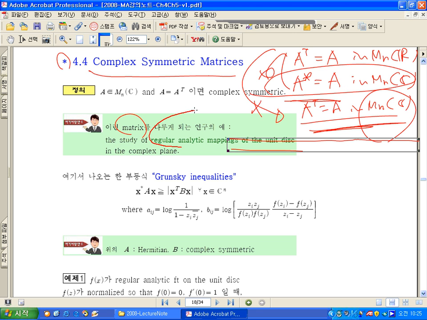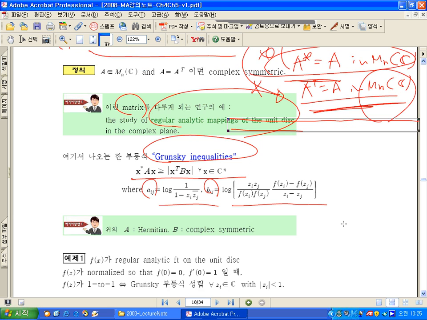In this part of mathematics, we see Grunsky inequalities, where Aij is a log of this and Bij is a log of that.